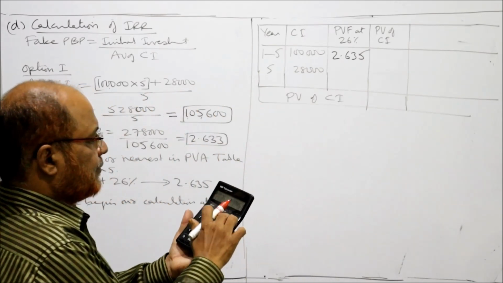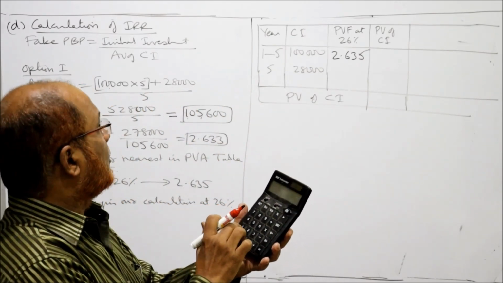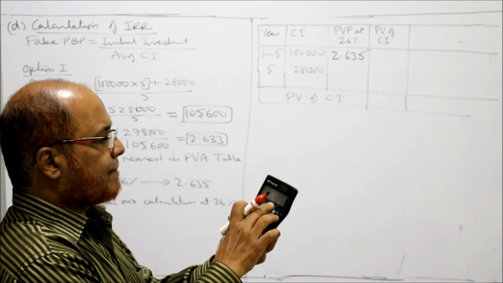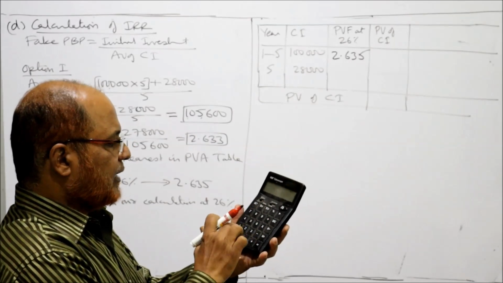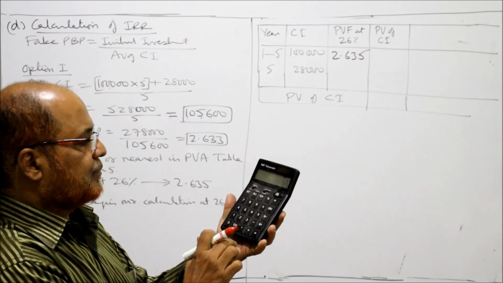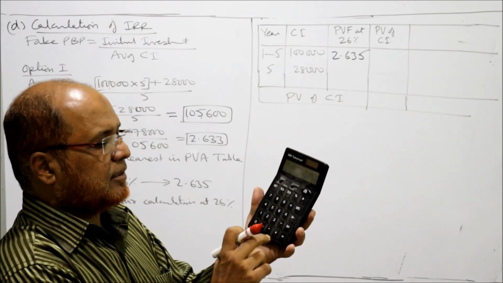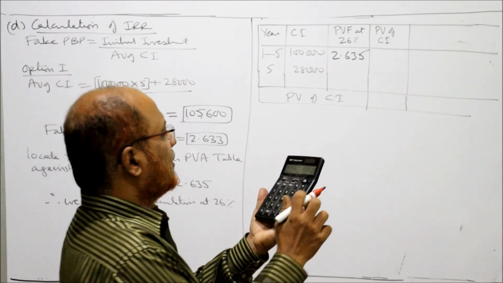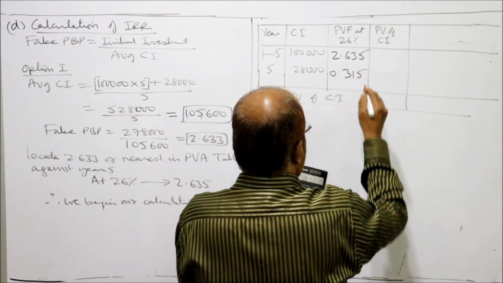Similarly, 1 divided by 1.26, first year, second year, third year, fourth year, fifth year. 0.315.